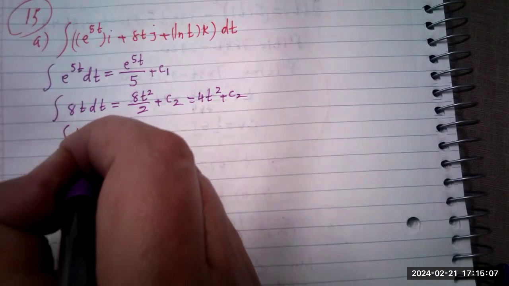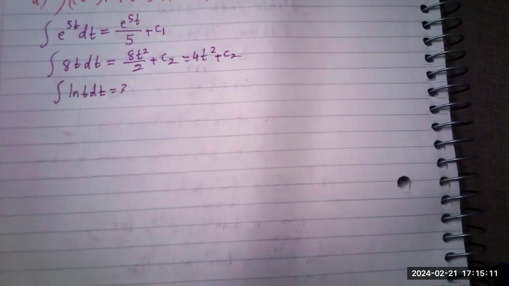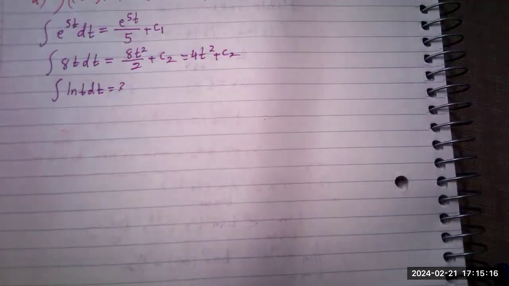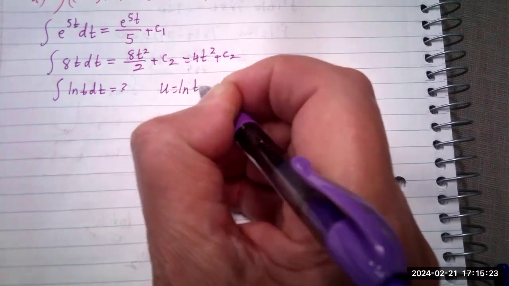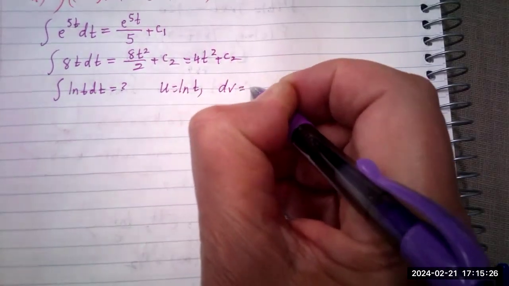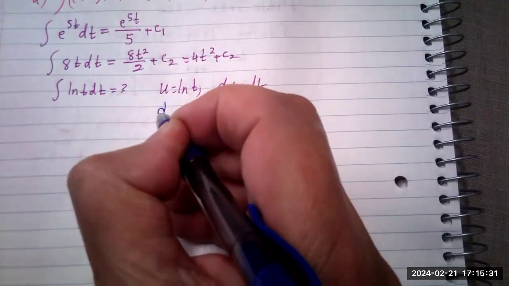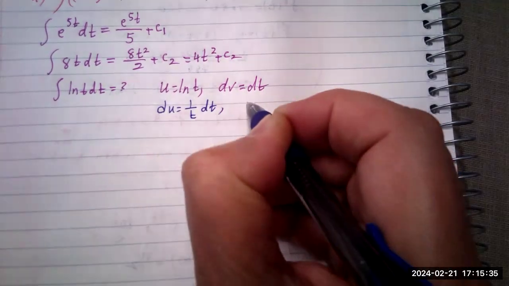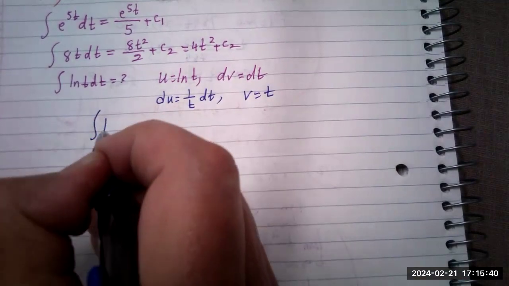The third one is ln t dt. You know that you have to use integration by parts to find it. Okay, if you know it, you can write it down. We accept it: t ln t minus t. But if you want to do it, u would be ln t, and dv would be dt. So you differentiate this one, that gives you 1 over t dt, and you integrate the other one, that gives you t. So put them together.